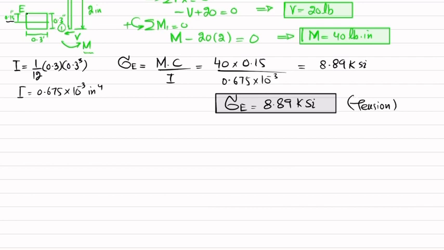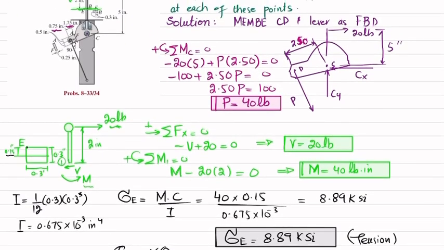Also, we will find the shear stress at point E. So shear stress at point E is equal to V into QE divided by I into T. And QE is equal to A dash into Y dash bar. So this is point E. So you can see there is no area above it.